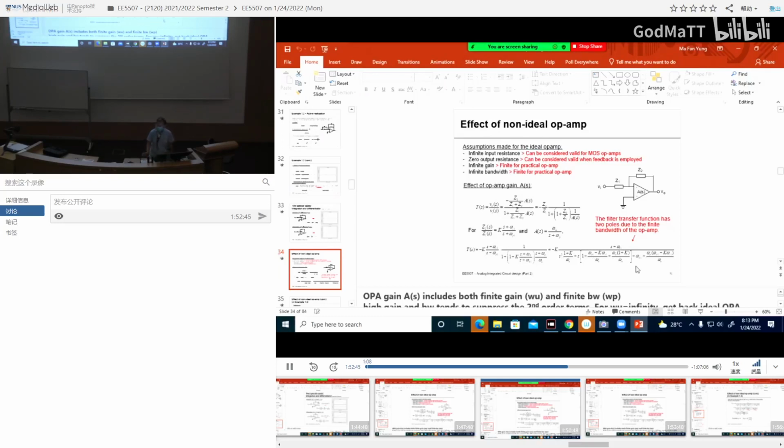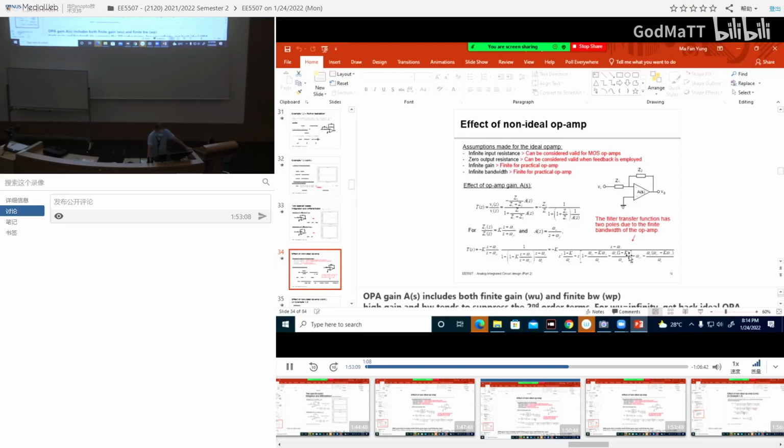This is not bilinear anymore. You still have 1 zero on top, that's okay. But now your denominator is no longer first order, right? It's second order now. It's an S squared term here now. So you have, instead of 1 pole, you have 2 poles.